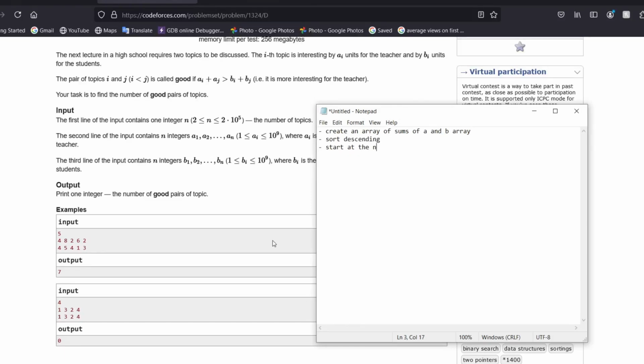At the n-2 position, with binary search, check if some pair is valid. Move on to the next index.